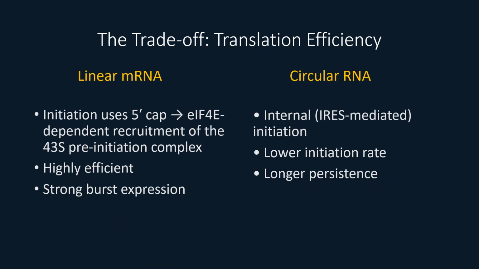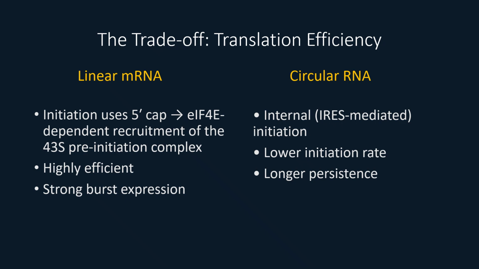So as we just discussed, circular RNA gains stability by losing its ends. But that comes with a trade-off, that is translation efficiency. A linear mRNA initiates translation at the 5' cap.